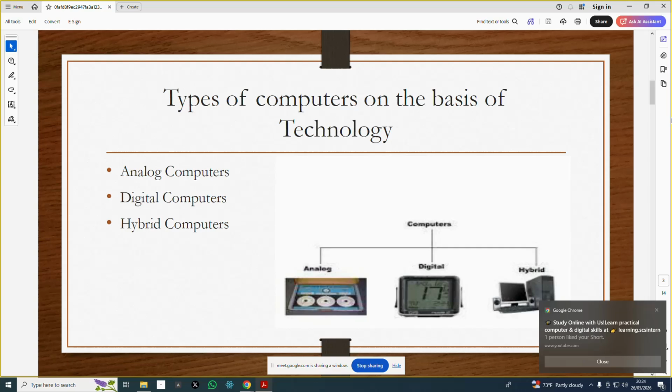Those are the things we use at home, hopefully. So those ones are digital ones. You get my point?